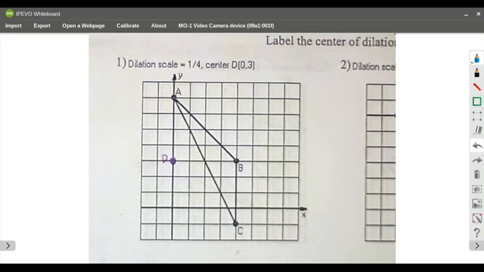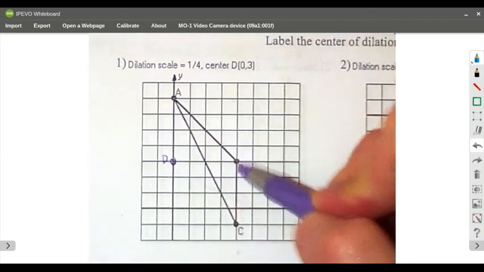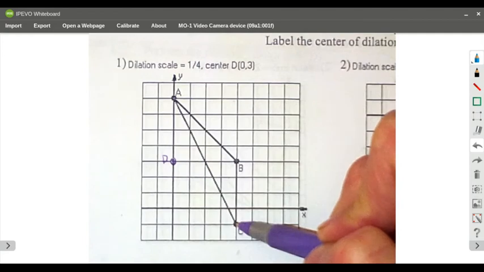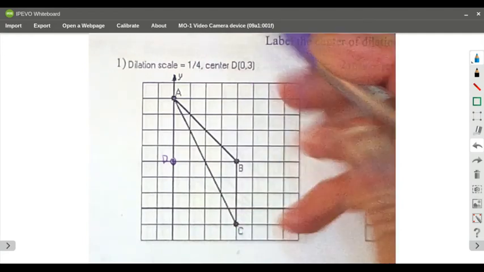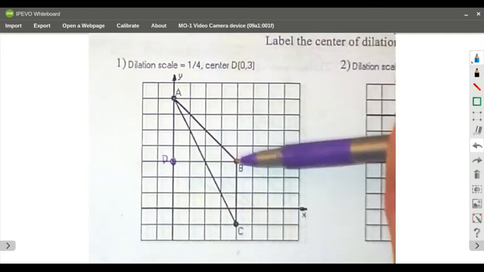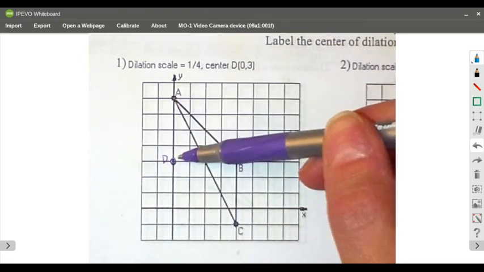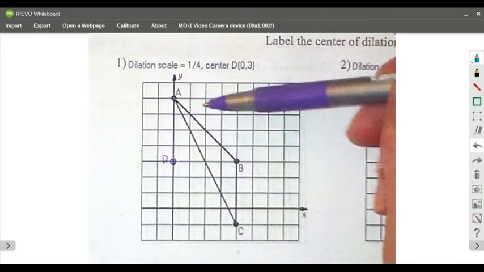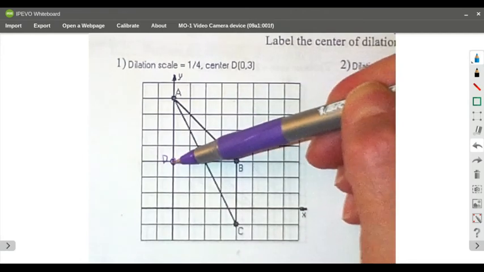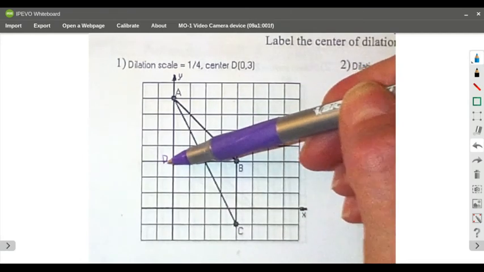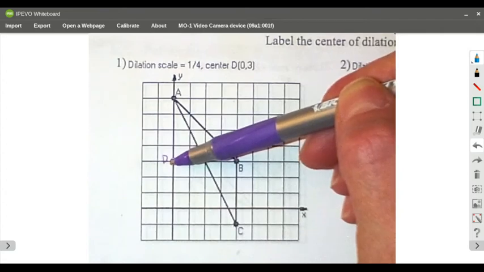So basically what that means is each of these points, the new point is going to be 1/4 of the distance from the center of dilation to the point. When it's a horizontal or a vertical like this, it's pretty easy. So basically what you're going to do for each point, here's my center of dilation. I'm going to start at the center of dilation. I'm going to count how far each point is from the center of dilation.